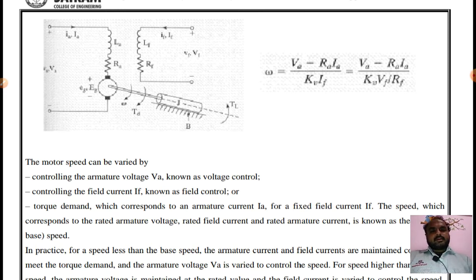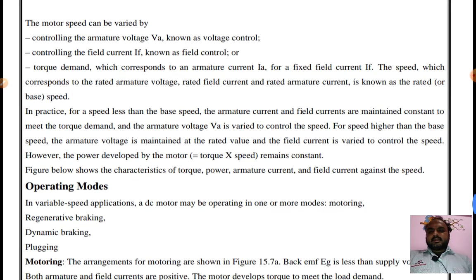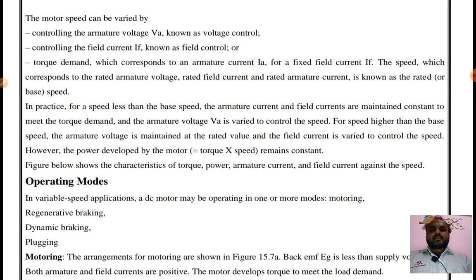So omega is equal to VA minus IA RA, divided by K into IF. Next, the motor speed can be varied by the following methods: controlling the armature voltage, known as the voltage control method, and controlling the field current IF, the field control method.